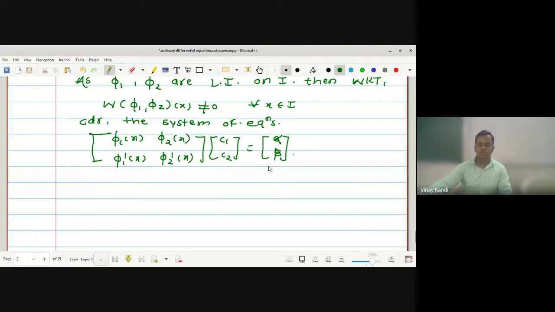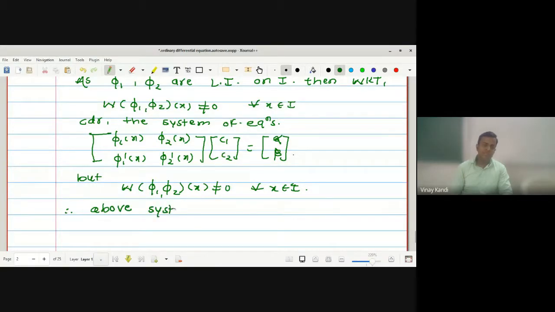But we know that the Wronskian of phi1 and phi2 at point x is not equal to 0 for all x belongs to I. Therefore, the above system of equation has a unique solution.